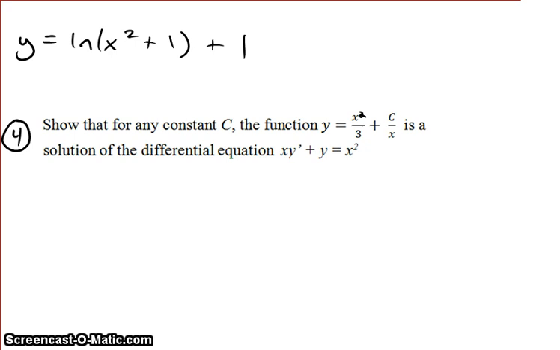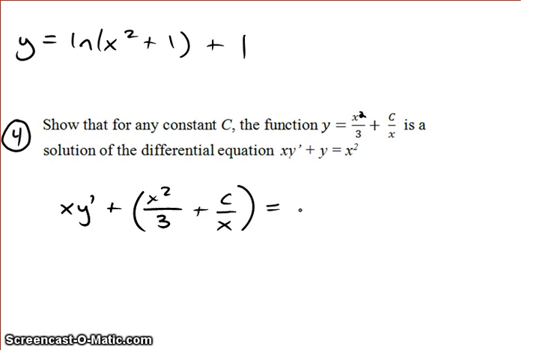So let's see here. If we know y, we can plug y in. So I'm going to rewrite this xy prime, and instead of saying plus y, I'm going to write the definition of y: x squared over 3 plus c over x equals x squared.